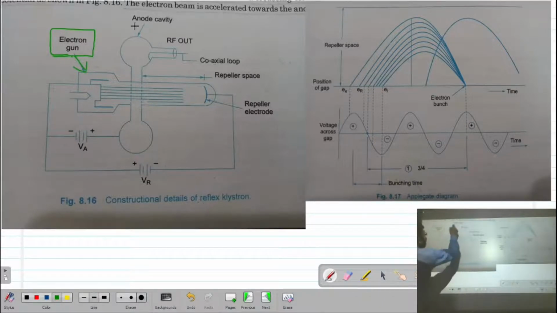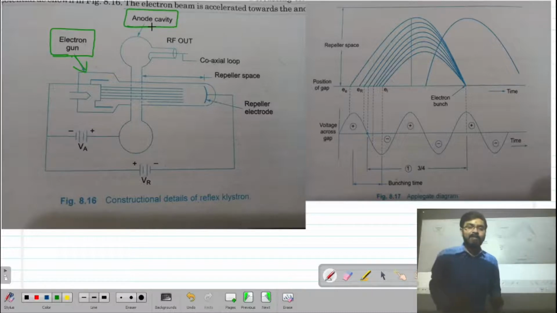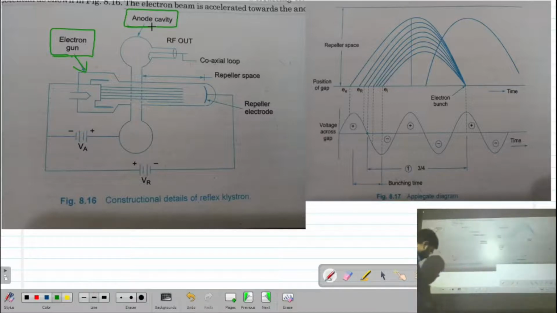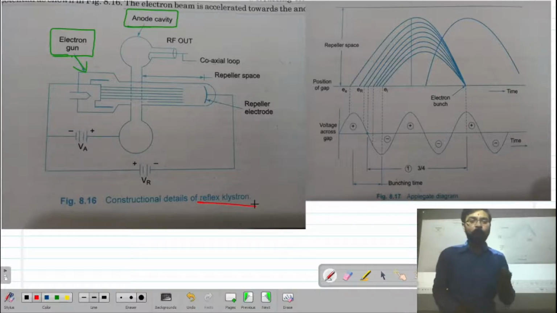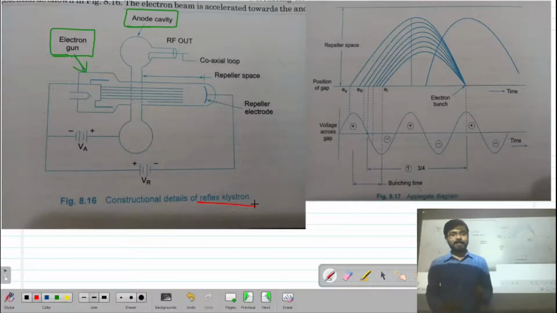This is the only anode cavity we have in this reflex klystron. Remember, we'll only have one reflex anode cavity in a reflex klystron.